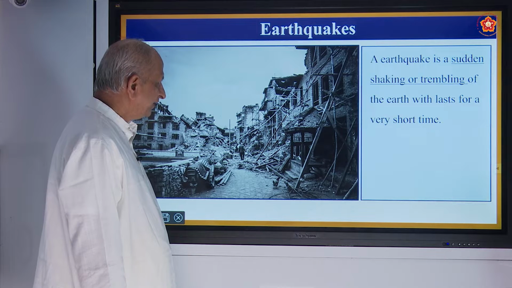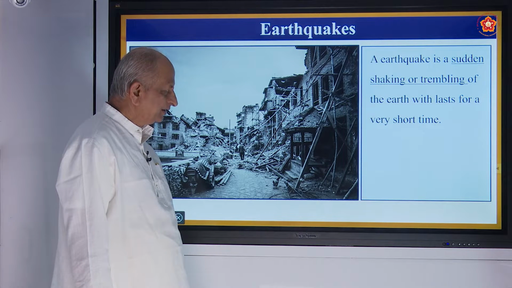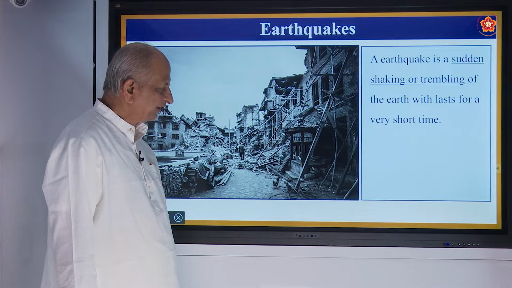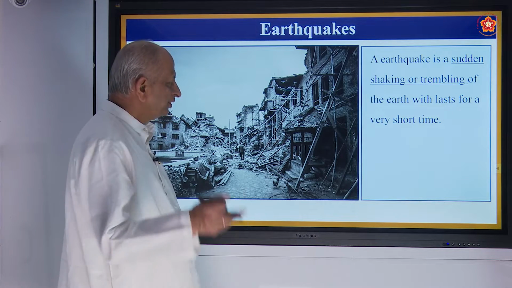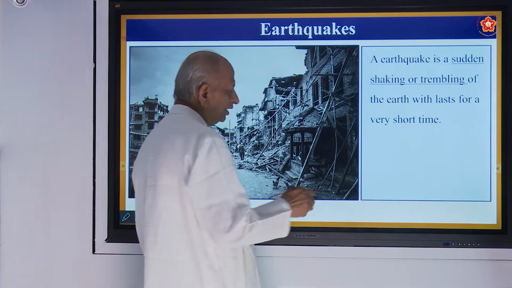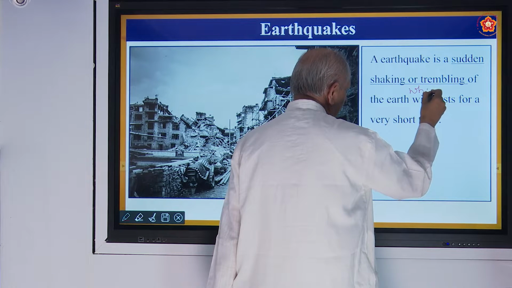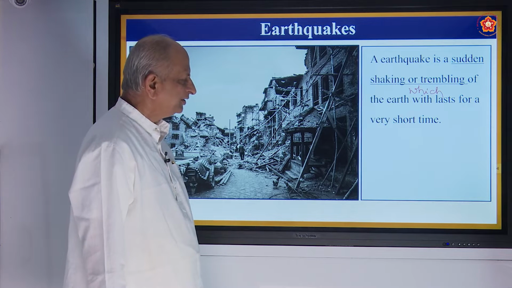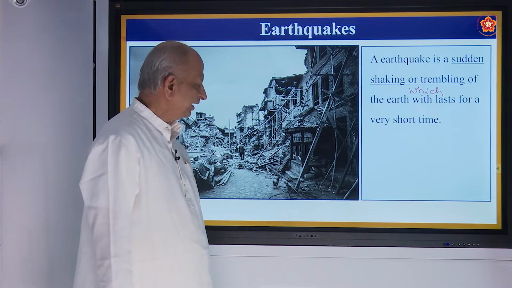So, an earthquake is a sudden shaking or trembling of the earth which lasts for a very short time. The earth shakes there. It lasts for a very short time, okay?